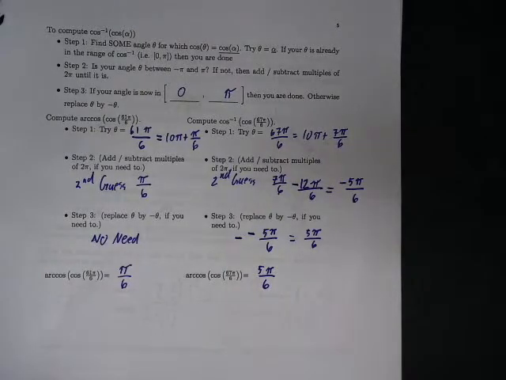Shall we do a quick computation to check? Maybe you guys have calculators that allow for symbolic outputs, but I'm just going to use the Google calculator. Arc cosine of the cosine of 67 pi over 6. And I think that the answer should be 5 pi over 6. And in order to check that, if it's actually 5 pi over 6, then subtracting 5 pi over 6 should result in 0.